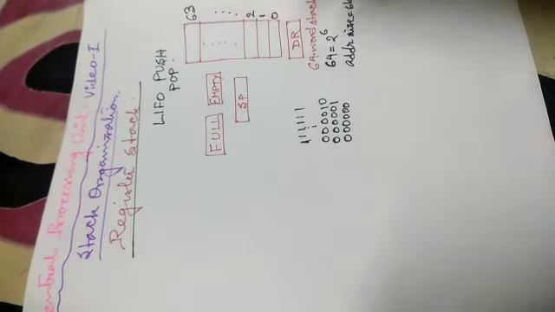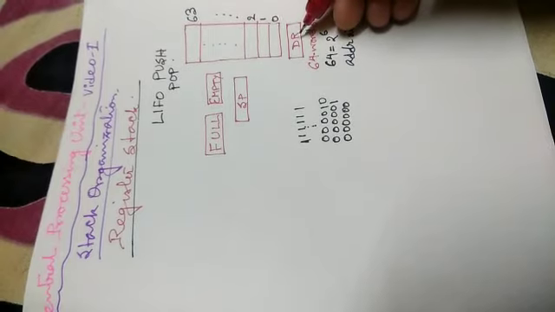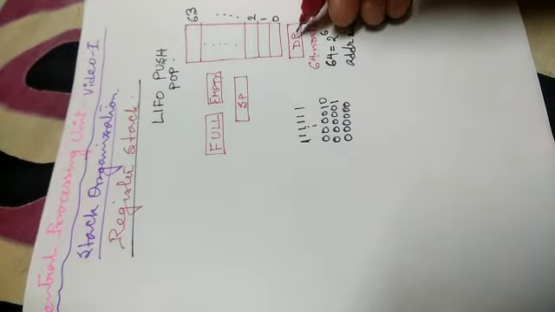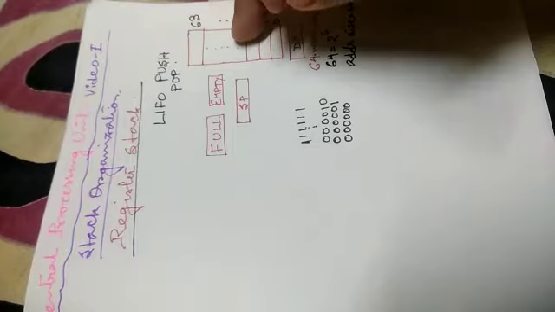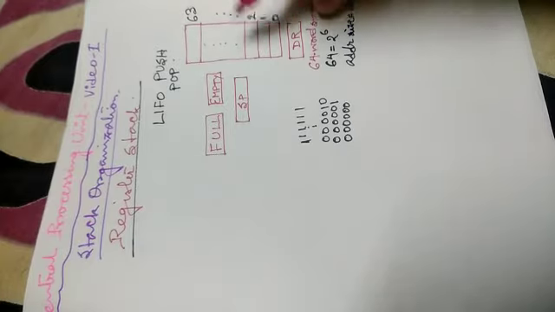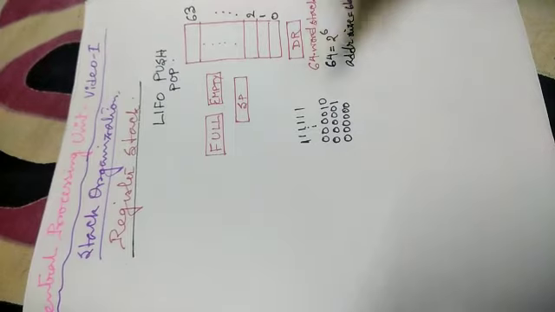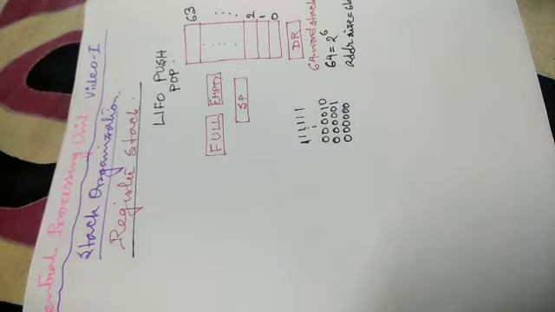Whatever be the data, it is performed through this data register, right? If I want to push a new data item, that is kept into this data register first, then from data register to the top of the stack. Likewise, whenever we want to delete or pop the top element of the stack, then it is kept from the top of the stack to this data register. Clear up to this, the function of data register?